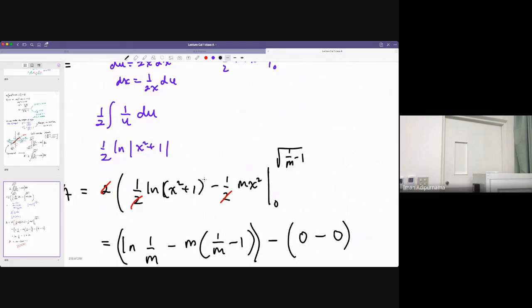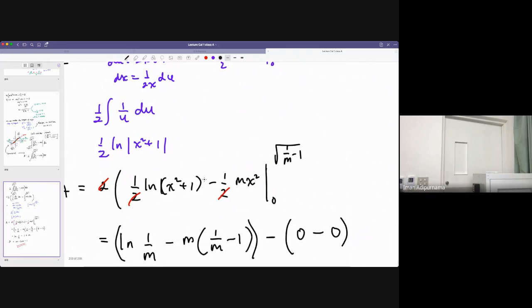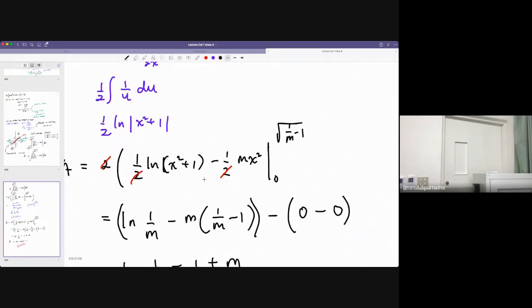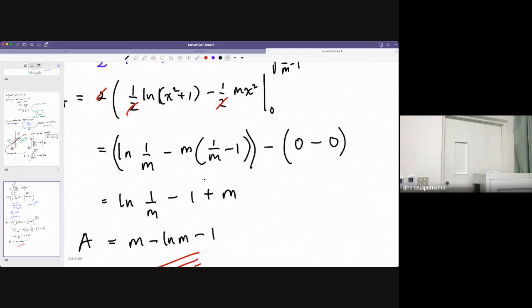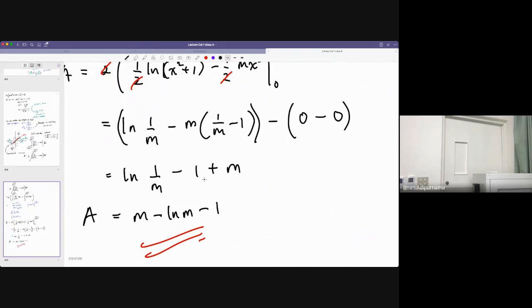And then you get the ln. Then put in the endpoint, the square root of 1 over m minus 1, going here it becomes 1 over m minus m. Put in 0 here, it becomes 0. So the area will be m minus ln m minus 1.